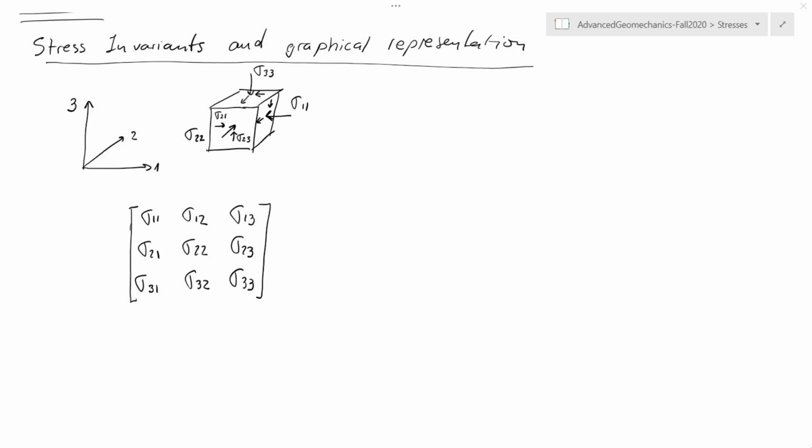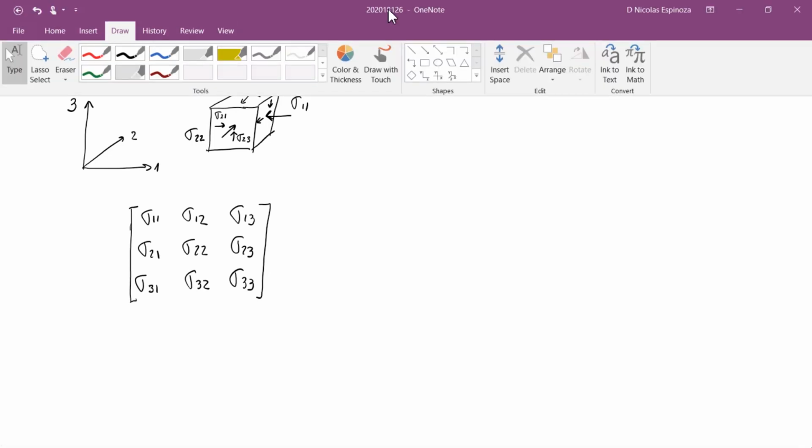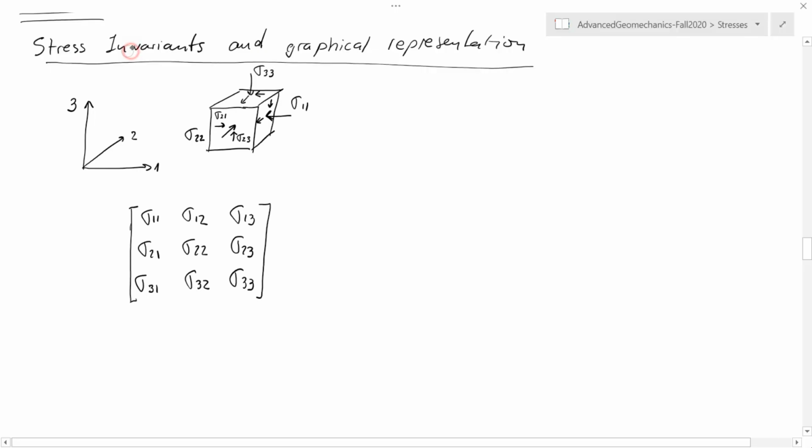Alright, we have already seen what is a physical representation of the stress tensor and also how we write that mathematically as a matrix. The stress tensor has 6 independent components, and in general, unless the principal stresses are aligned with the coordinate system which is written, these diagonal and off-diagonal values are going to be non-zero values.